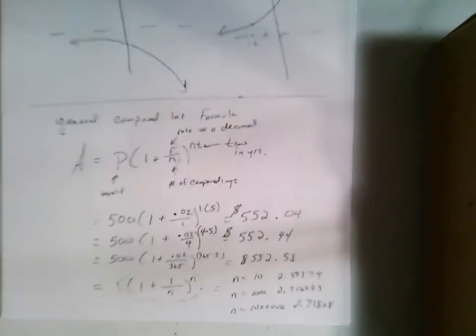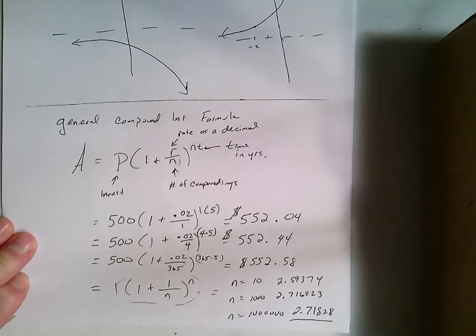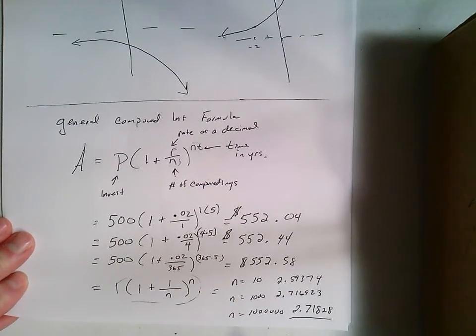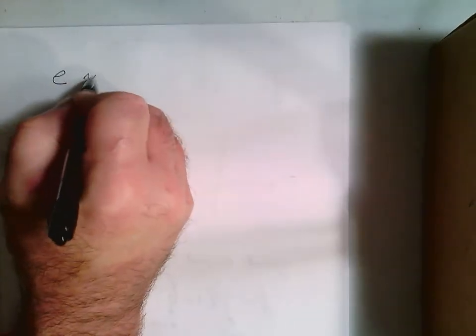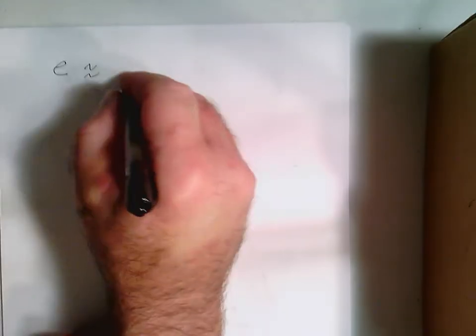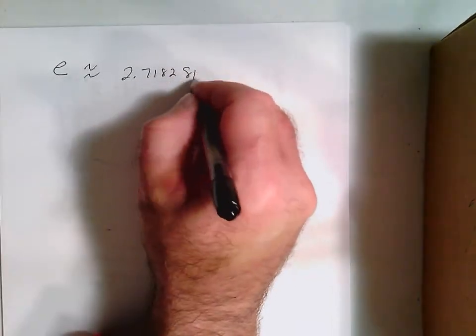Now at this point, I would ask you, has anybody seen that number before? Well, that is Euler's number. That is e. e is about 2.71828, like we got, then it goes 182, blah, blah, blah.